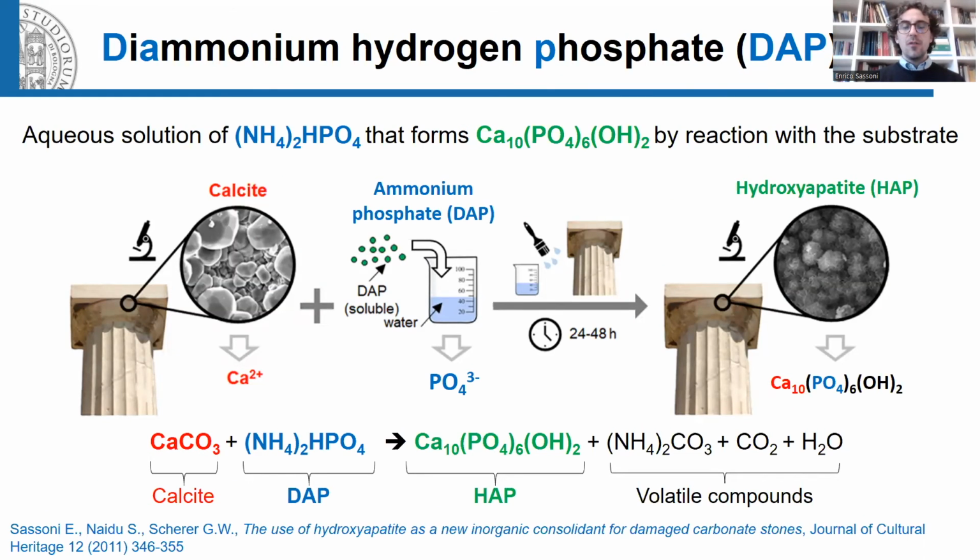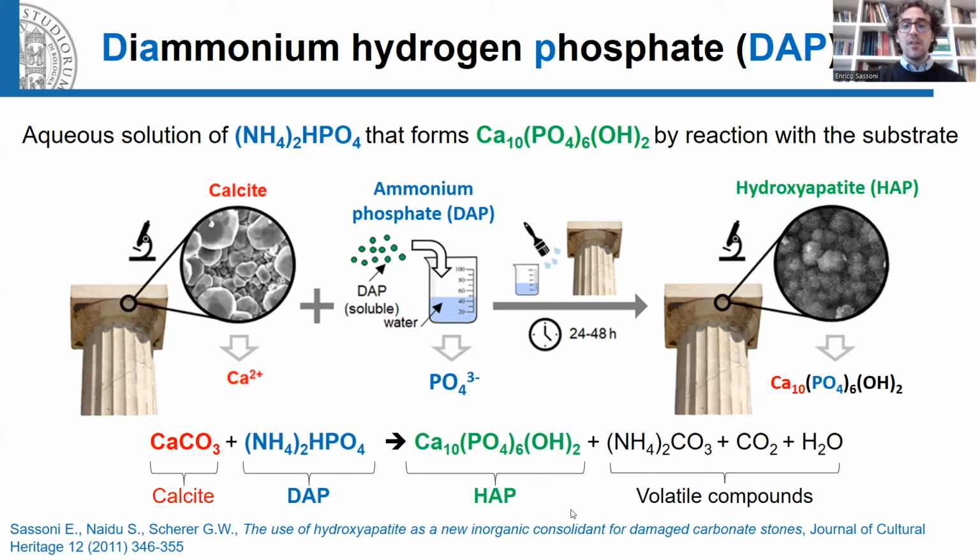Some 15 years ago, a new class of consolidants was introduced, which is that of phosphate consolidants. So here the idea is to prepare an aqueous solution of a phosphate salt, typically diammonium hydrogen phosphate, DAP. The solution is then applied onto the substrate by standard techniques, and then in a matter of a few hours, a chemical reaction takes place between the substrate, providing calcium ions, and the consolidant, providing phosphate ions, so that calcium phosphates are formed.